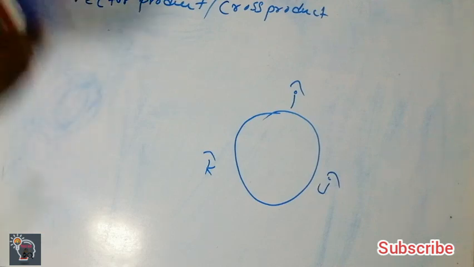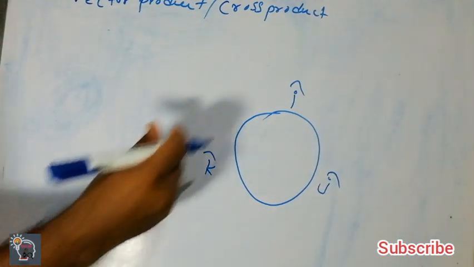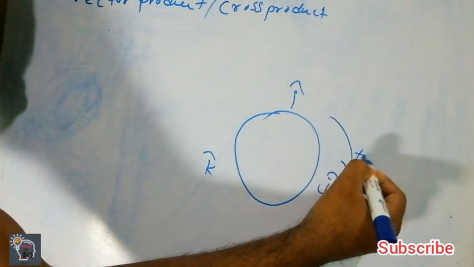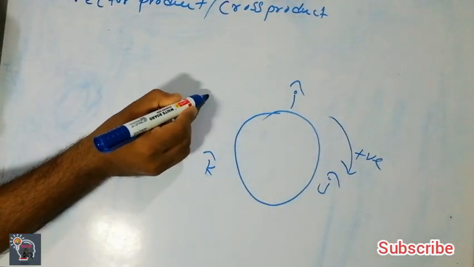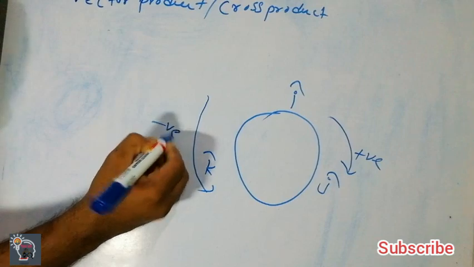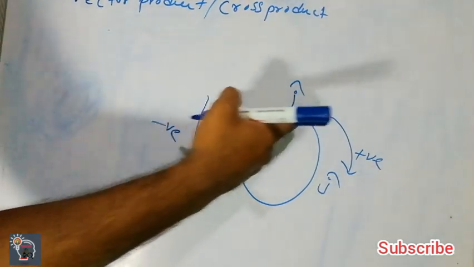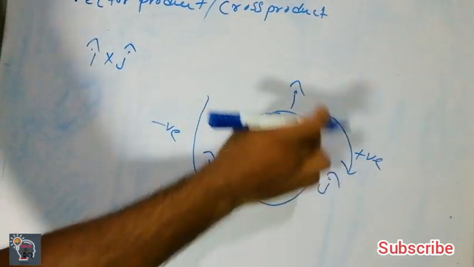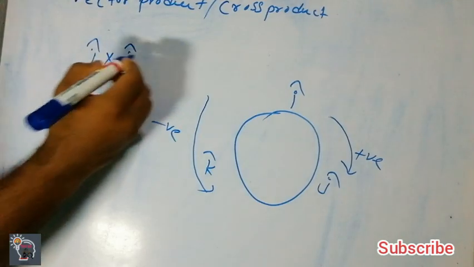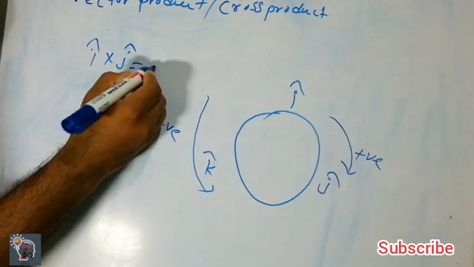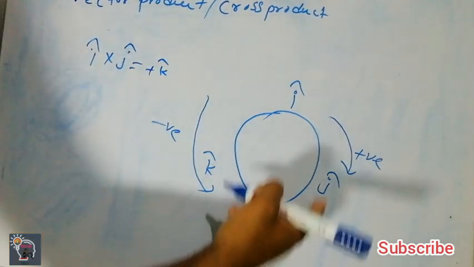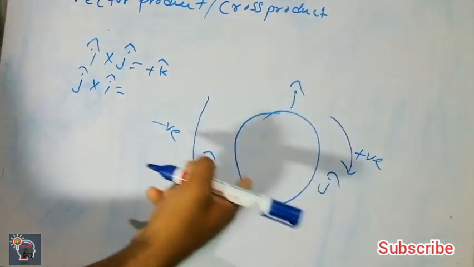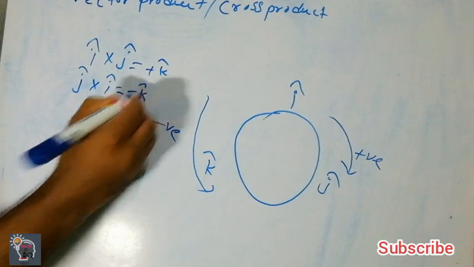Now what is the key point to remember for the product of the three unit vectors? If it rotates in this direction, the result gives you the positive value, and if it rotates in that direction, that is anti-clockwise, it gives you the negative value. If we take i cross j, it rotates in the clockwise direction, so it gives you the other unit vector, positive k cap. And if we rotate from j to i, that is j cross i, it rotates in the anti-clockwise direction, so it gives you minus k cap.